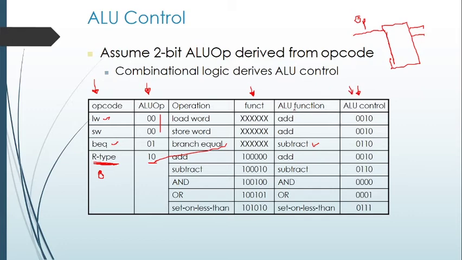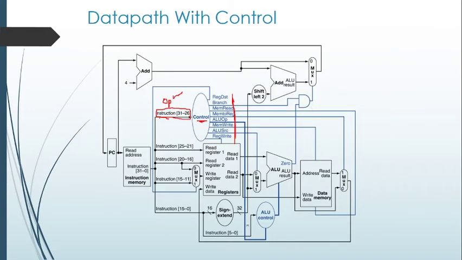What information does it need? It needs further information from the function field if it's an R type. If it's a load word, it will generate an add control signal. If it's a store word, it will generate add. If it's a branch, it will generate subtract. But if it's an R type, it will need the function field. So for the function field, we need this second input. This is your function field for ALU control. It will generate what operation to perform, because it's an R type instruction.